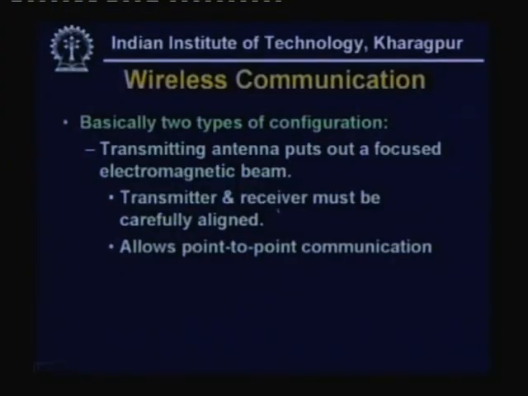So the antenna will focus a signal in a particular direction, and in that case the transmitter and receiver must be carefully aligned, and obviously this will allow point-to-point communication. In this configuration you have two antennas communicating with each other. This is one possible configuration.